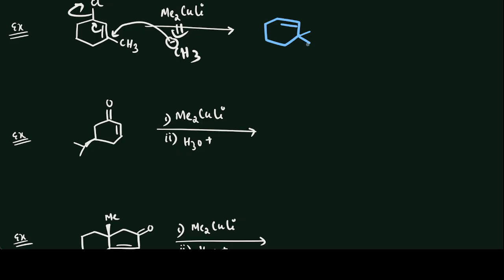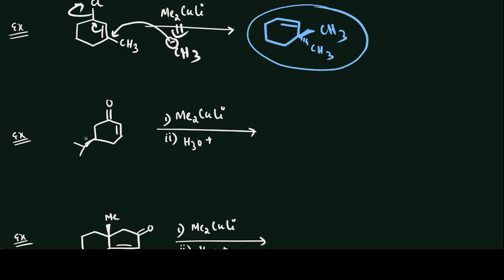Let's say here one is CH3, then the other has to be above. Now it attacks here, and the leaving group has left. So this is the final answer for this question.